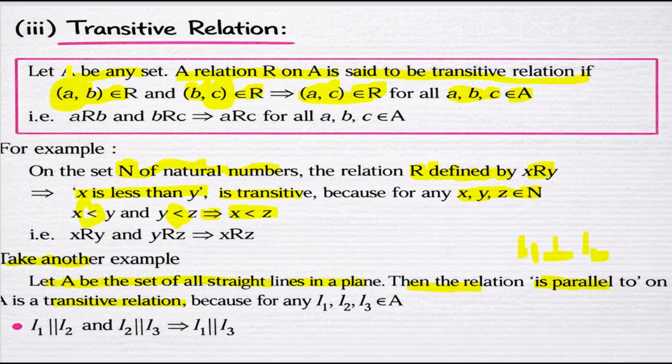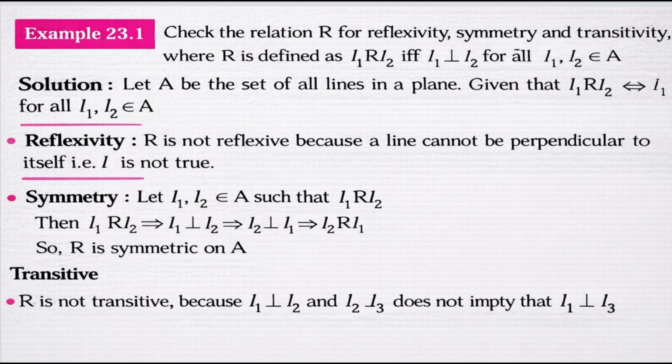For all L1, L2, L3 in the set A, if L1 is parallel to L2 and L2 is parallel to L3, then L1 must be parallel to L3.